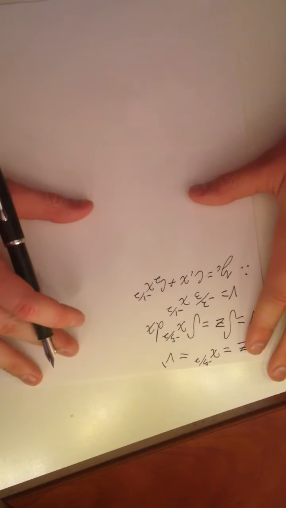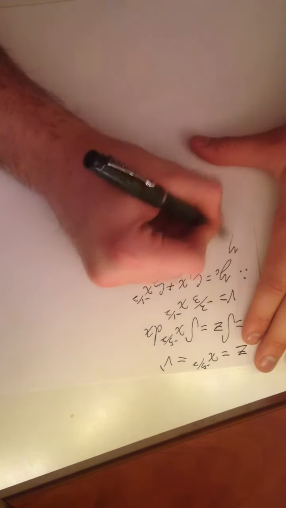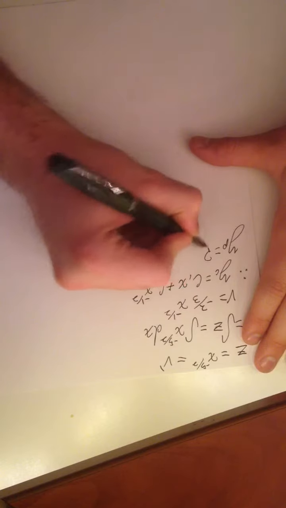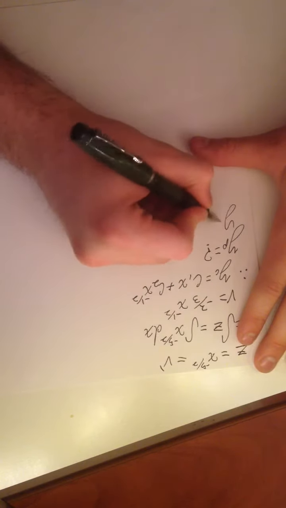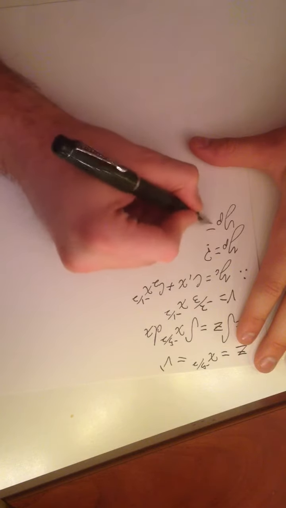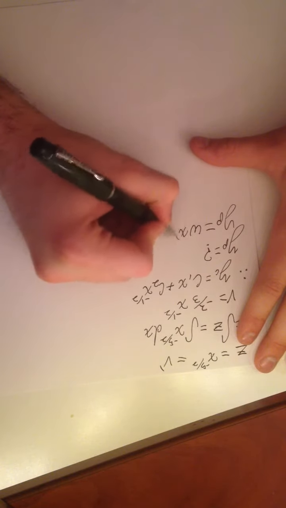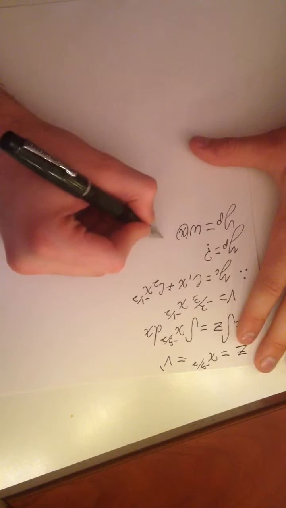Now, we need to find our yp. So we are going to state that our yp is some function w of x times x.